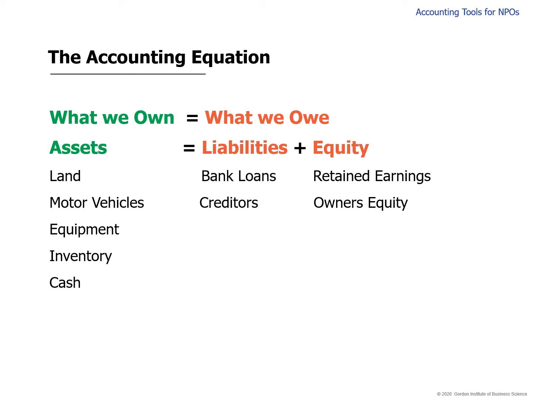Now, the accounting equation, like I said, is really the heart of accounting. What you need to understand about the accounting equation is that it effectively represents a system of balance. As you know, in any equation, an equation needs to balance. So what is on the left-hand side needs to equal what is on the right-hand side.